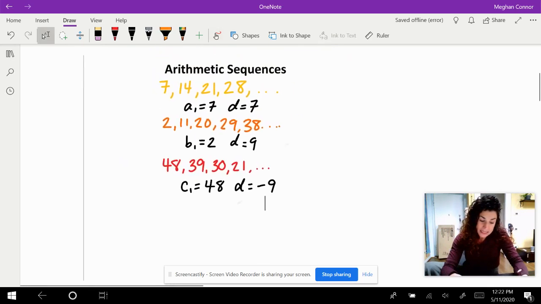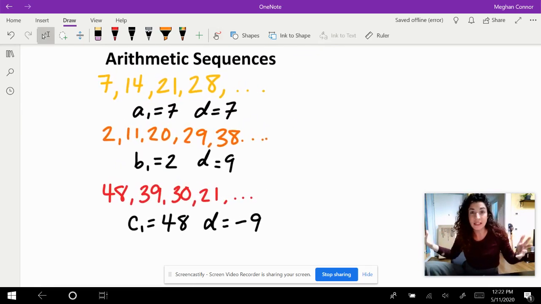Now, it's relatively easy to point those out and determine them when you're given a list of numbers, but it's not always going to be that easy. It's mostly not going to be that easy. We need a formula to turn these into their own explicit formula. So I'm going to show you how we derived this formula.